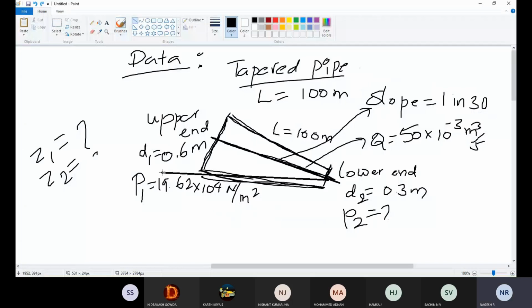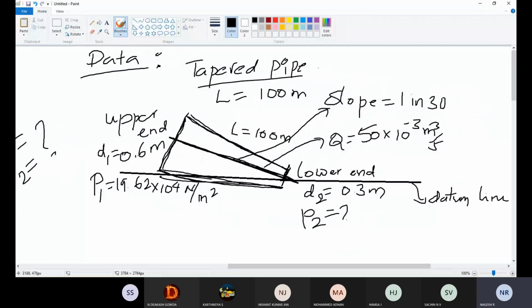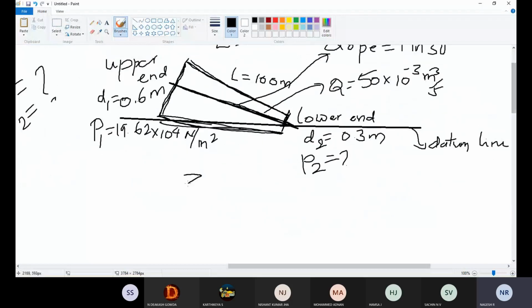This is the datum line. Any doubt here? That means Z2 is equal to 0.